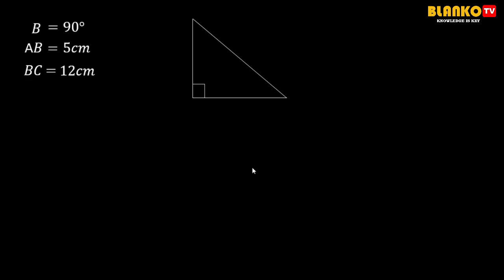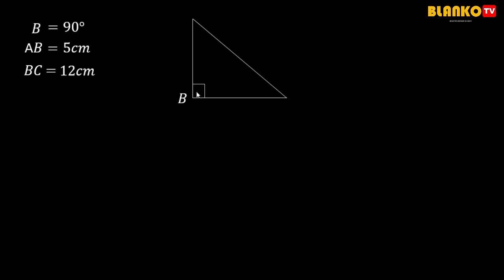So we are to sketch a right angled triangle ABC. B is equal to 90 degrees, AB is equal to 5 centimeters, and BC is equal to 12 centimeters.